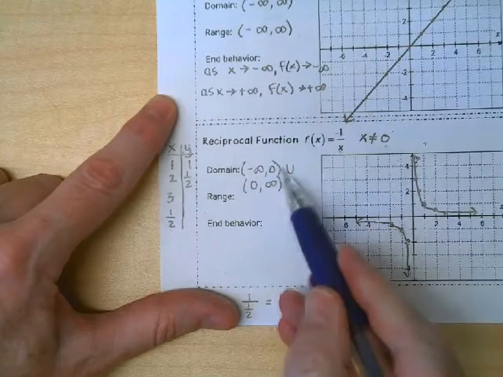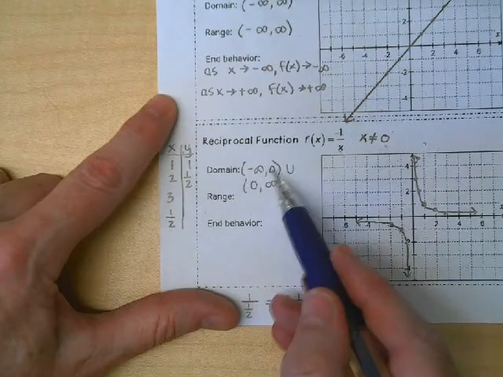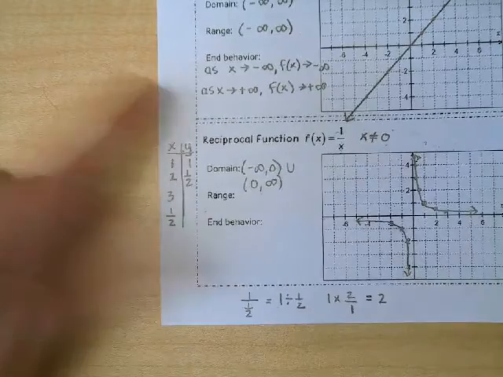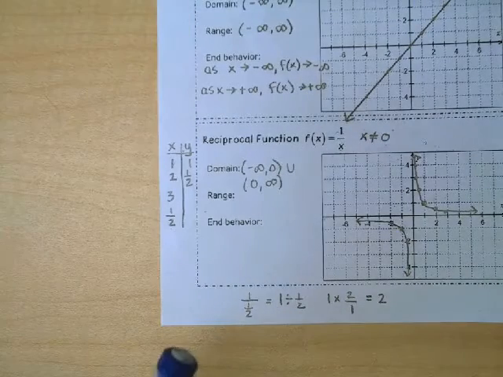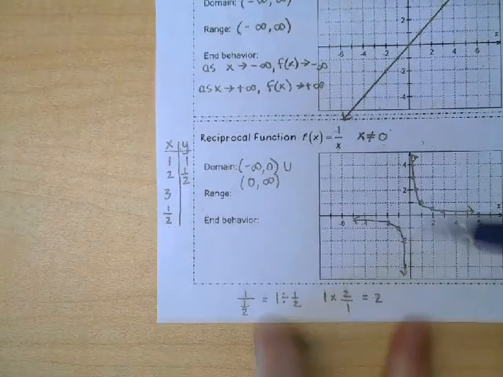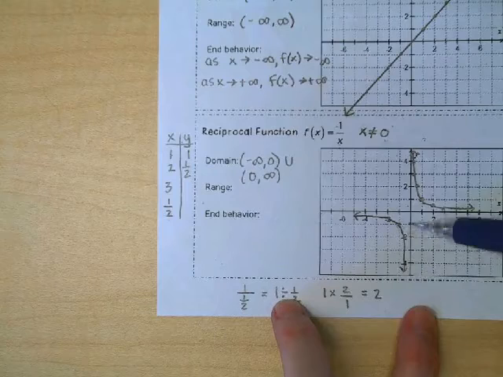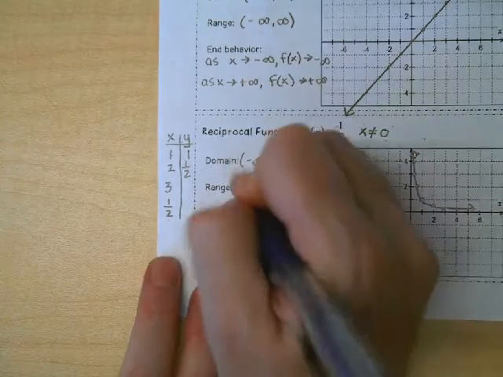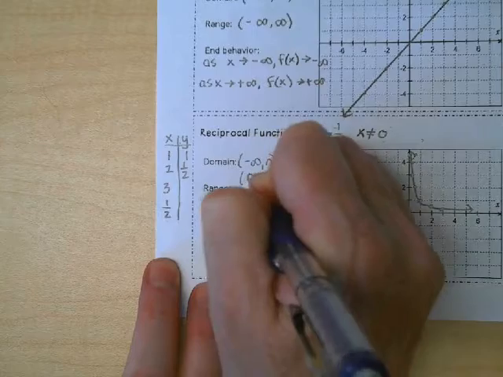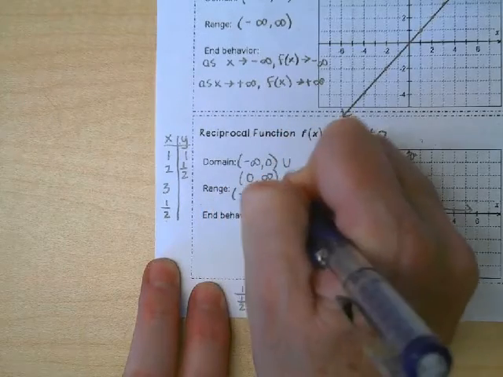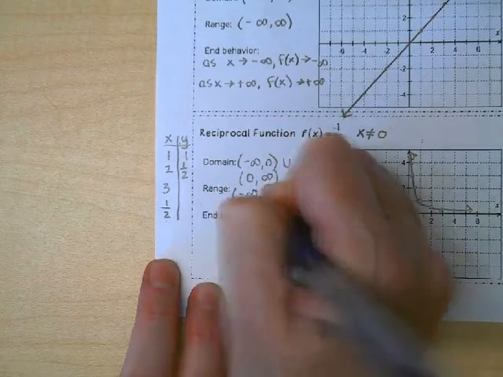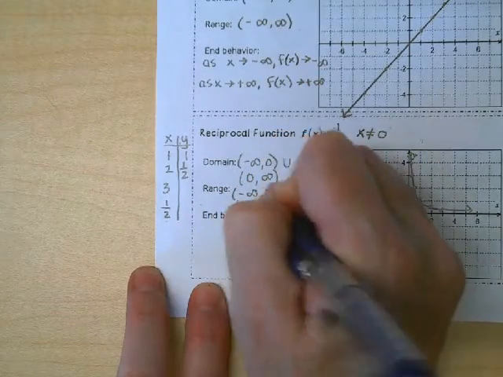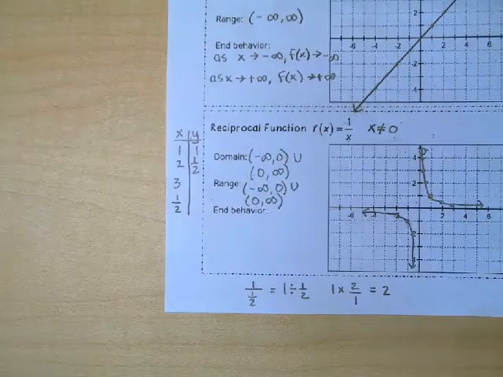And notice that the parenthesis there is saying it cannot equal 0. Now, the same thing is going to happen on the range, that the y values go from -infinity, I can never have a y value equal 0, to +infinity. So from -infinity, can't equal 0, and then it goes infinitely close to 0, and to infinity again.